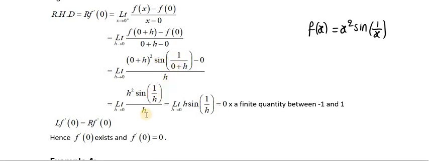Denominator already we have h. One h cancels. So finally we get limit h tends to 0, h into sine 1 by h.